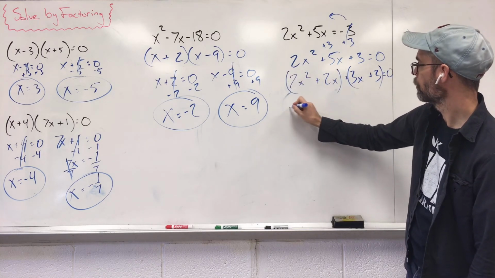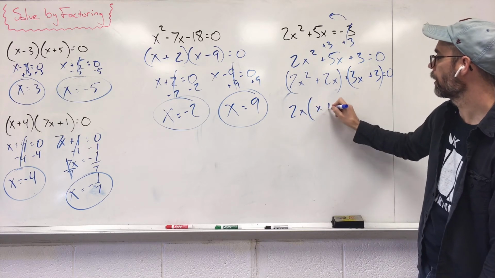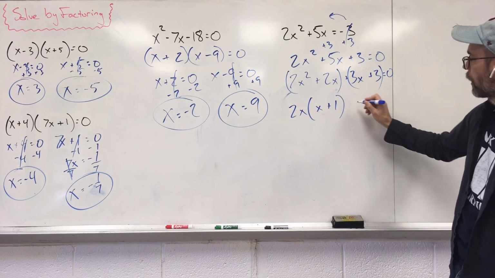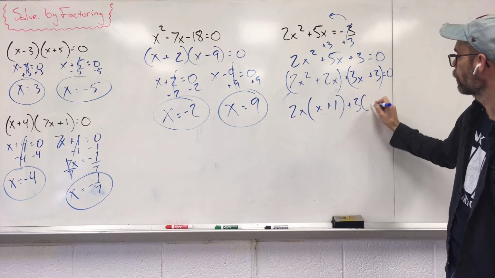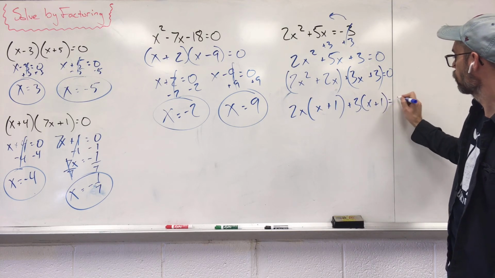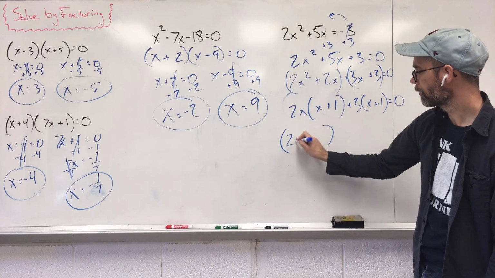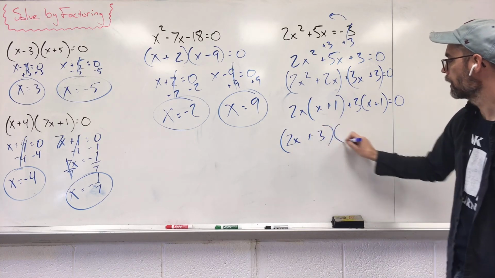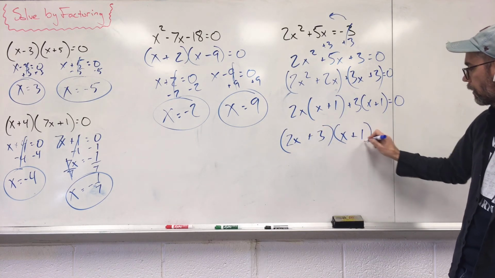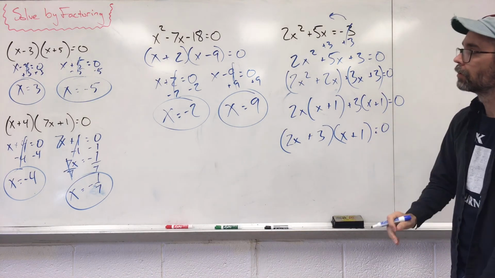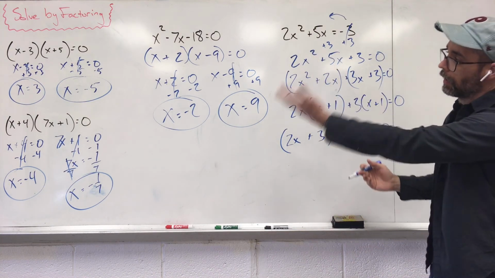We're going to say we share a 2x, and then we have x plus 1. On the other side, we share a 3, and then x plus 1. Build what's on the outside, 2x and 3, keep what's on the inside. Now, after all that long work, now we can just solve.